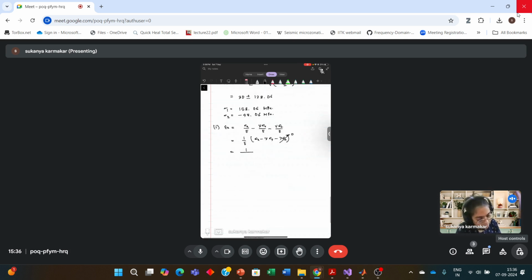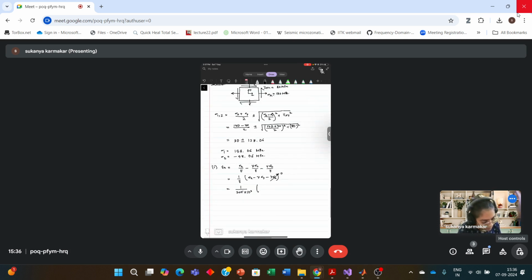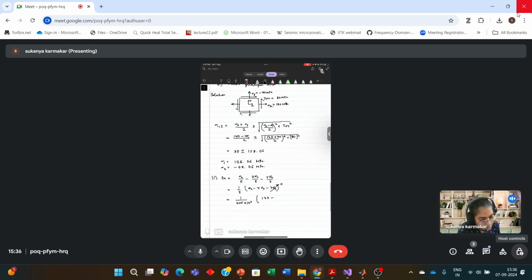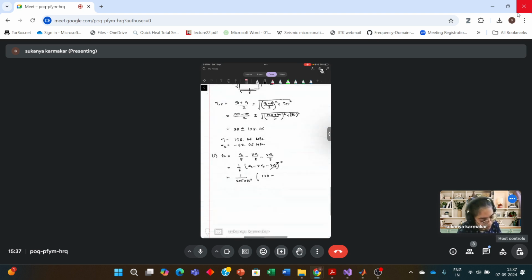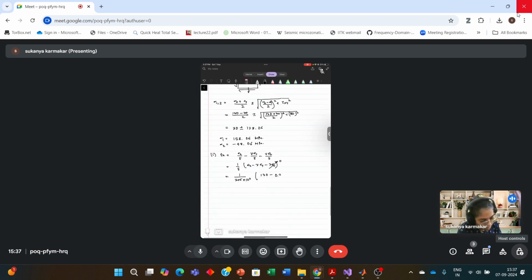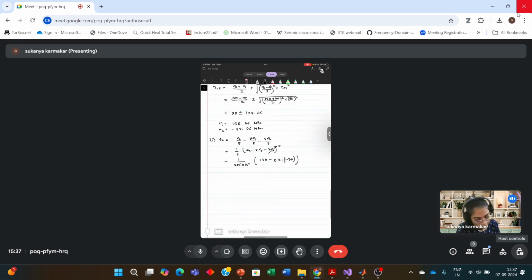Sigma x is 130 MPa and Poisson's ratio is 0.3 into sigma y, which is minus 70 MPa. If you calculate this, you will get 736 into 10 to the power minus 6. Now strain is a dimensionless number, so no unit.